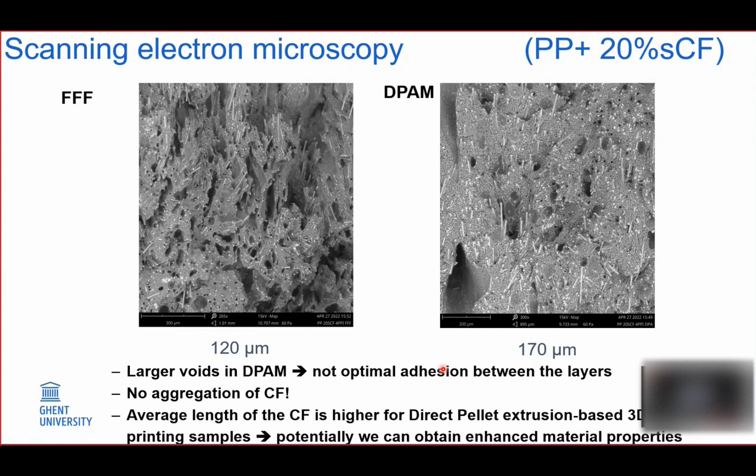And here we can see that for FFF printed composites, we get shorter fibers than for the pellet-based manufacture, meaning that indeed two processing cycles induce the degradation of the carbon fiber, so it actually breaks. So this technique is potentially bad, considering the preservation of carbon fiber.